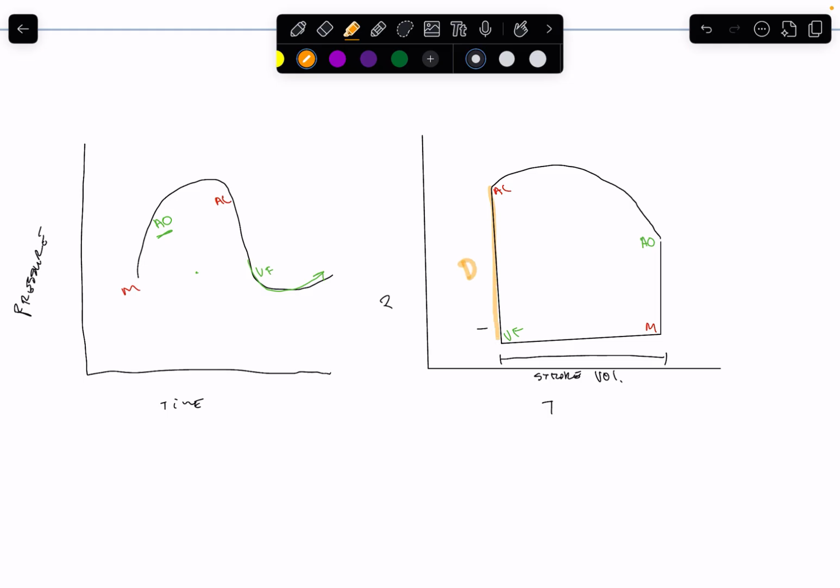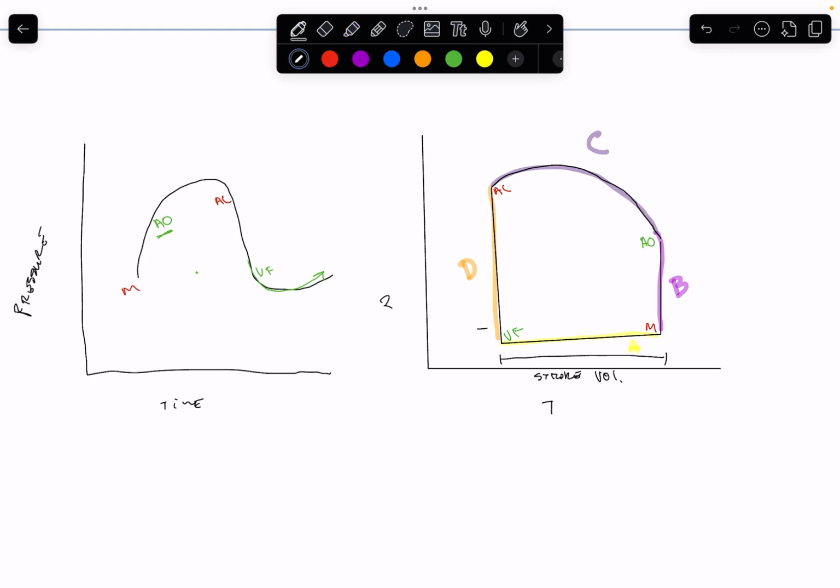Do it like that, D. And then we'll do A. And then we'll do B. And then we'll do C. Okay, so now we'll label a few things.